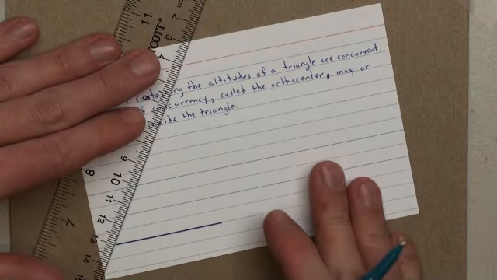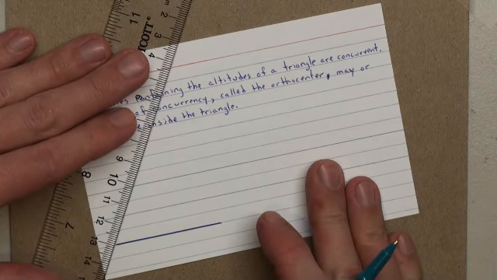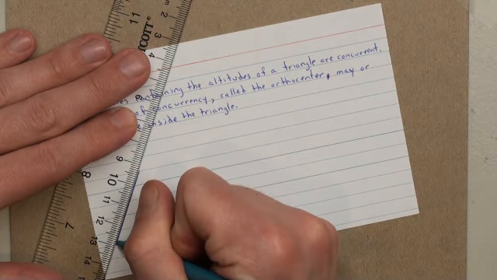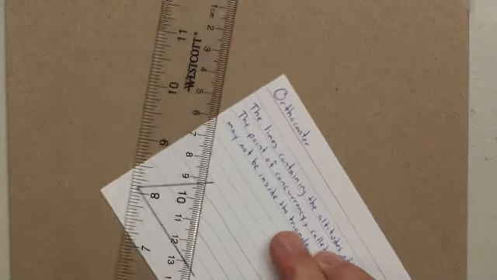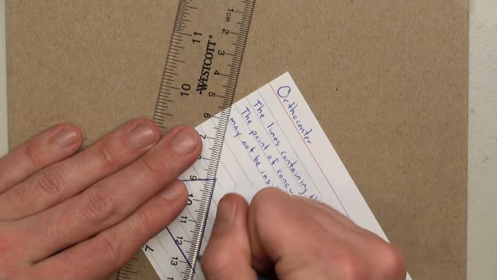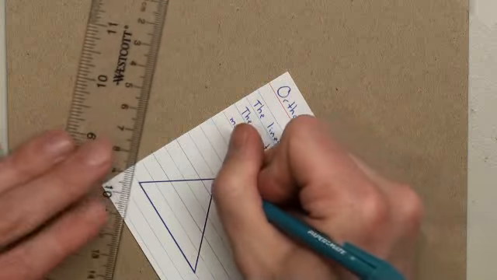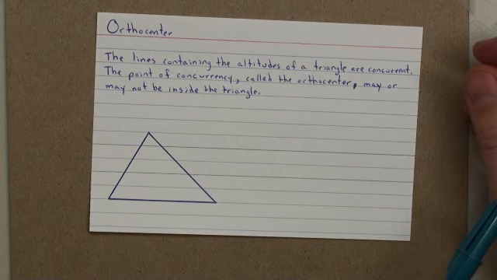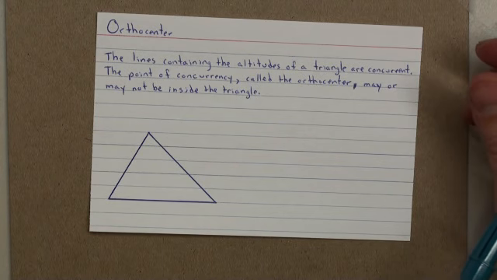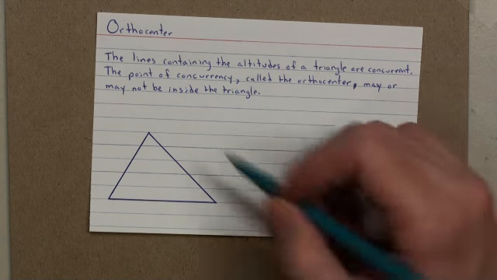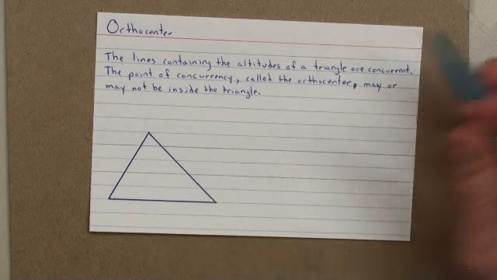And then I'm just going to go up a little bit. And then I'm going to come back here. Okay, now the first thing I'm going to do is, I have my triangle, now I'm going to draw all 3 altitudes, and they're going to meet at a point in the triangle. Okay, when you have an acute triangle, the altitudes will meet at a point inside the triangle.